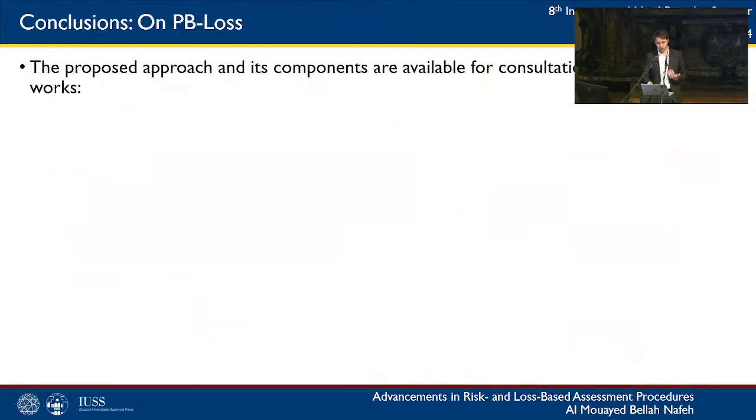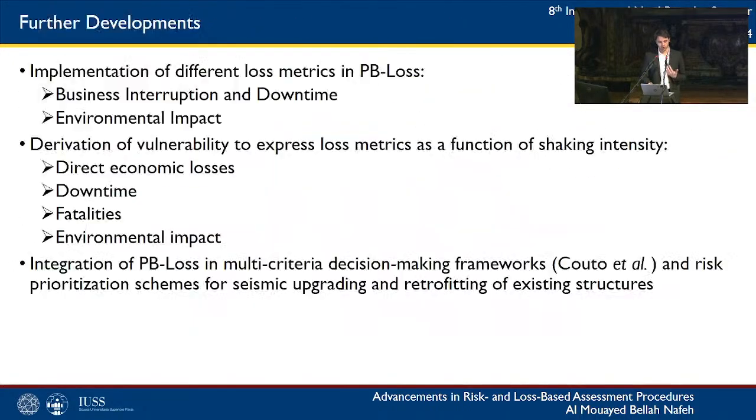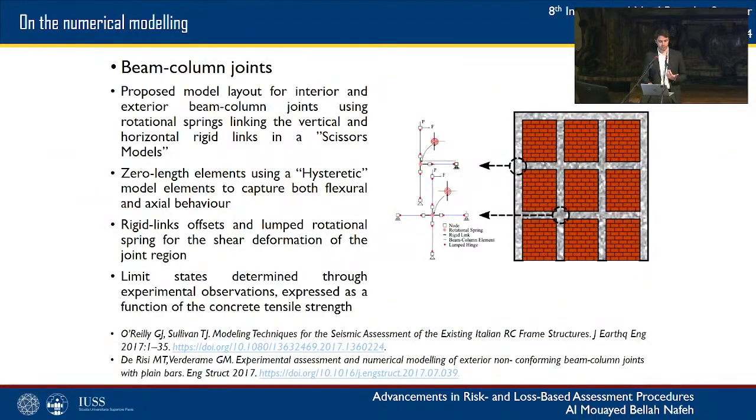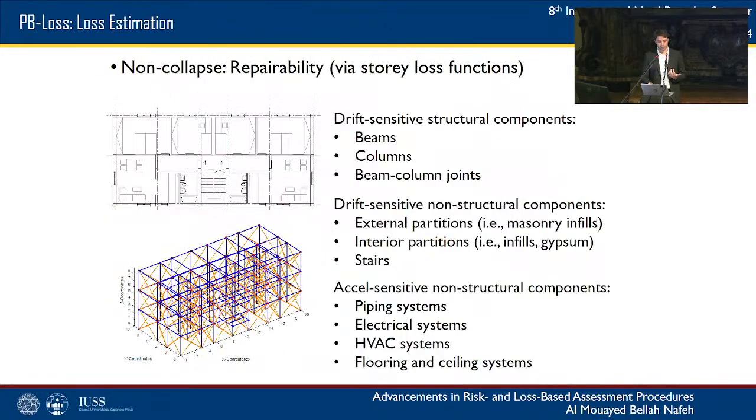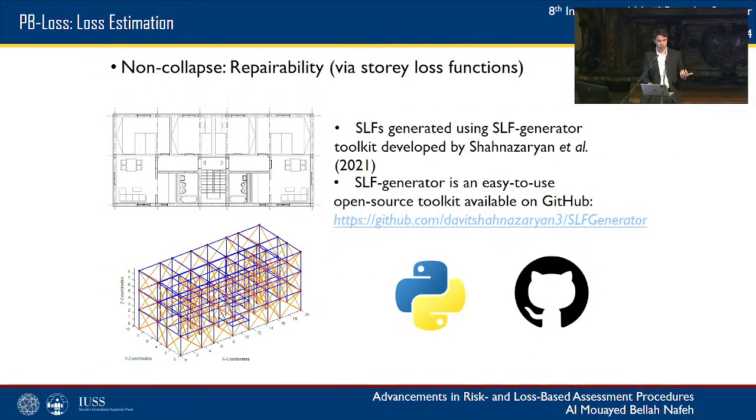And I believe we've got solid tools along the way to help this effort go a long way. For example, story loss functions were derived based on an SLF generator toolkit that was developed by David Shahnazarian, who we have in the audience here, which is a solid, easy to use, open source toolkit that allows you to manipulate different typical damageable inventories and produce story loss functions in an easy manner.